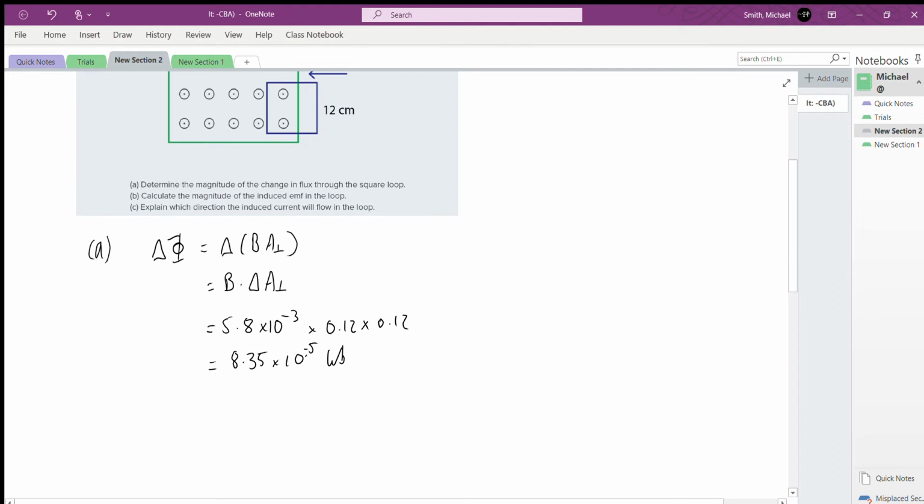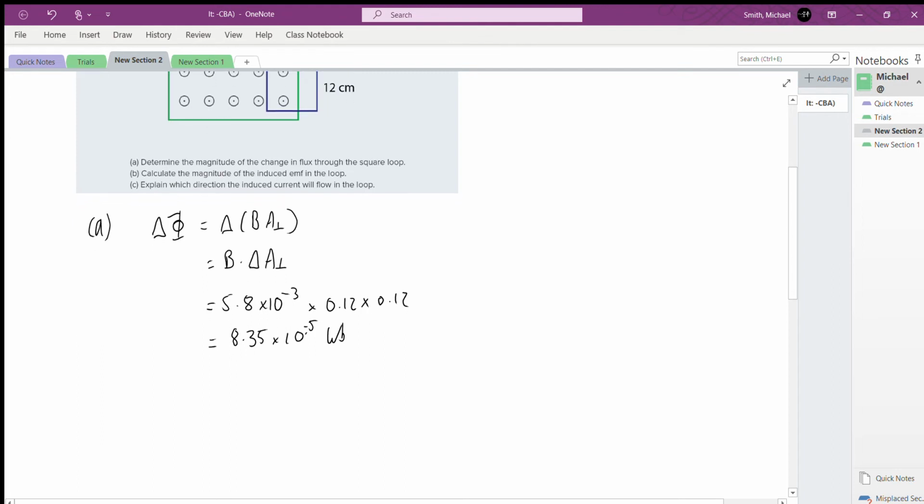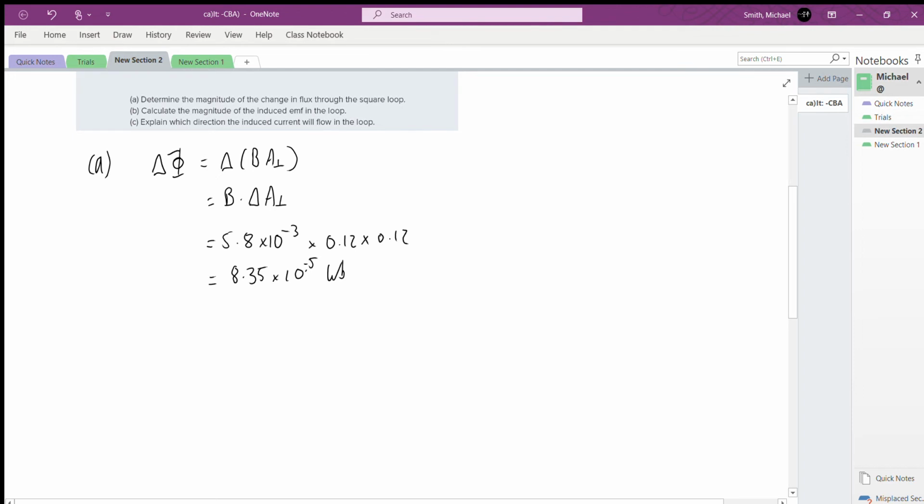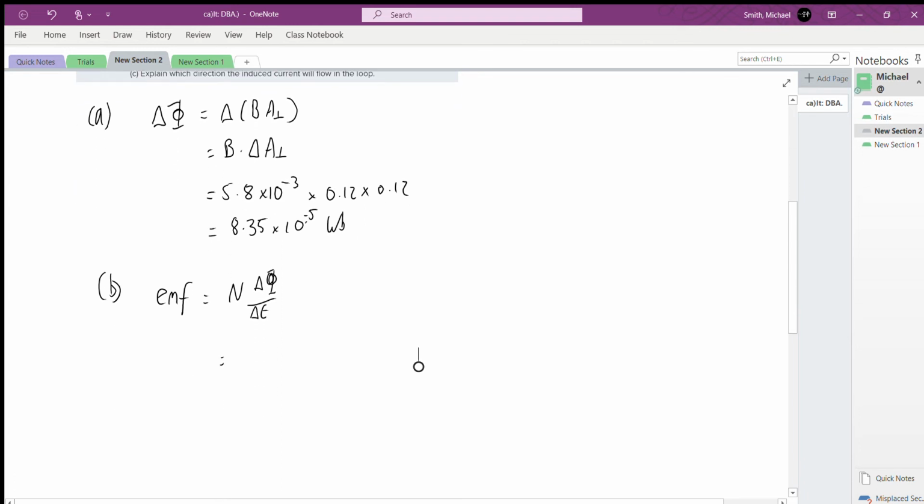That's question A. Now we have to work out the magnitude of the induced EMF in the loop. So here we're just using Faraday's law. EMF equals N change in flux over change in time. Here we just have one loop, so N will be 1.